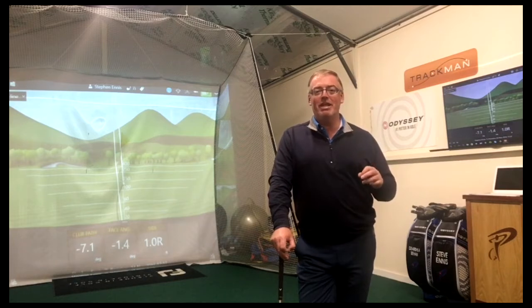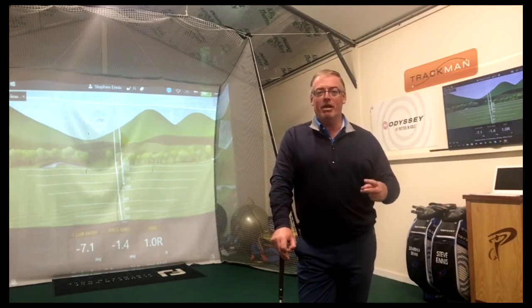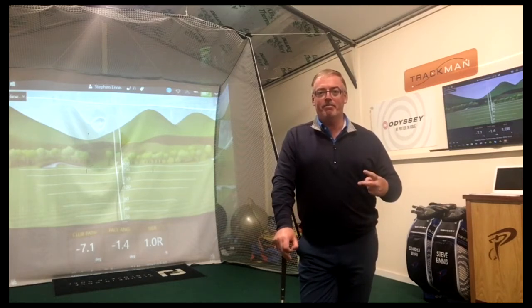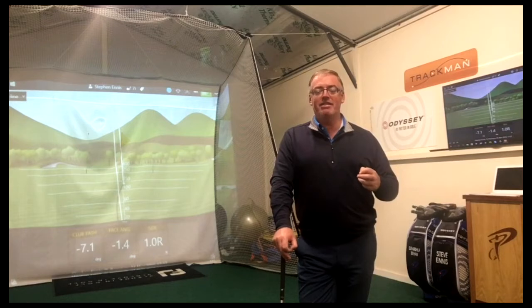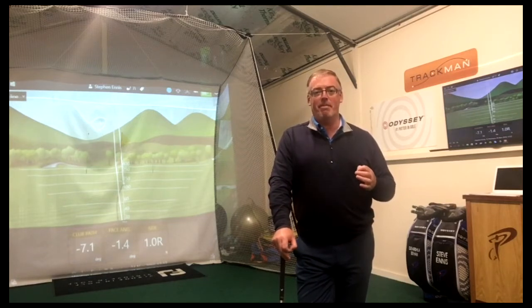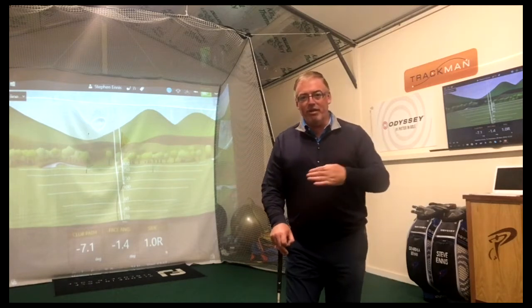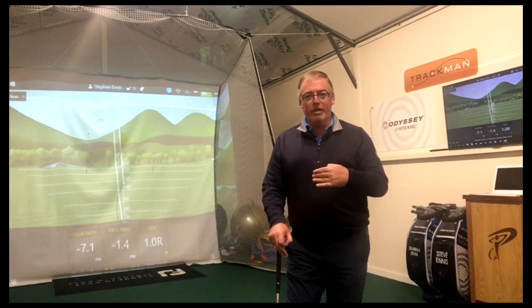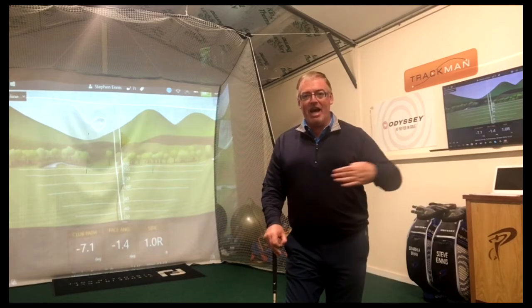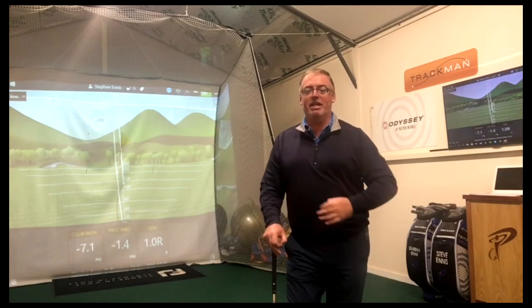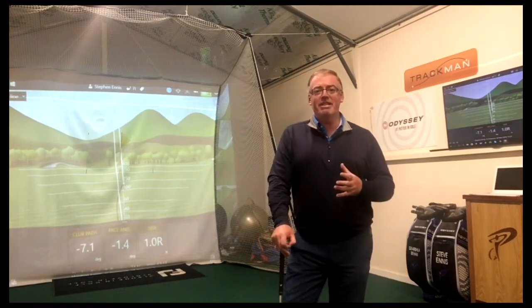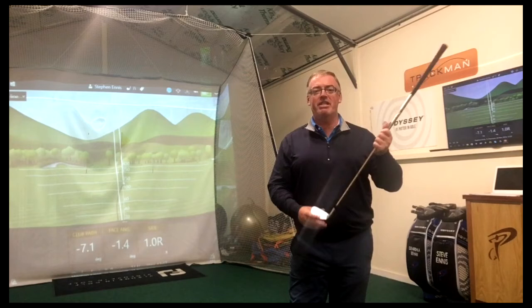So the two key components at play, club path, face aim. Club path is the direction the club head is traveling during impact. So is it traveling left, right, straight? Which way is it traveling as it makes contact with the ball? The second element then, your face aim, face angle.